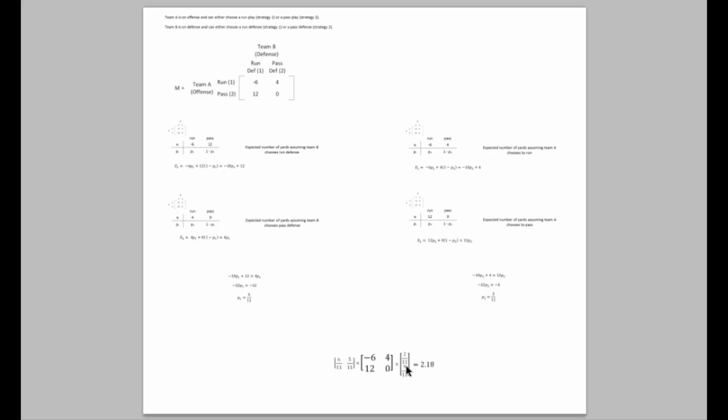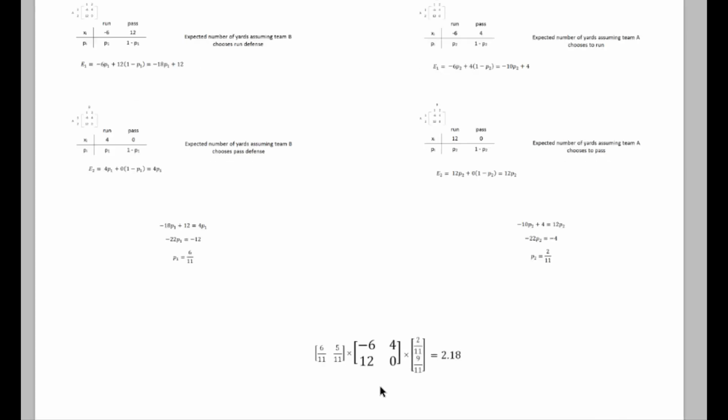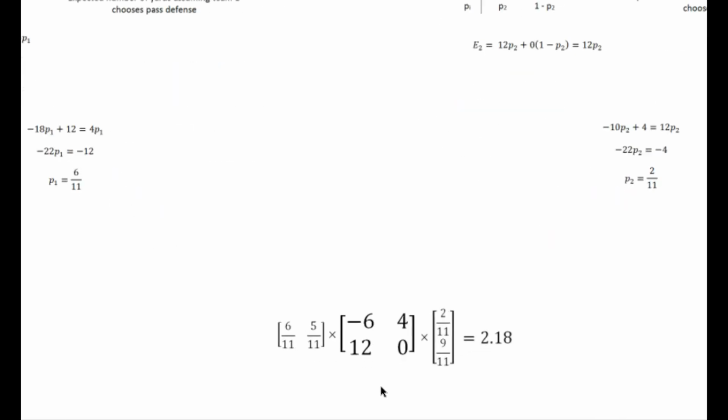All right, so we used 2 expected values to find the optimal strategy for Team A, and 2 expected values to find the optimal strategy for Team B. Now we're going to take those and our payoff matrix, and multiply all those together. Let's look at the numbers we're going to be multiplying.